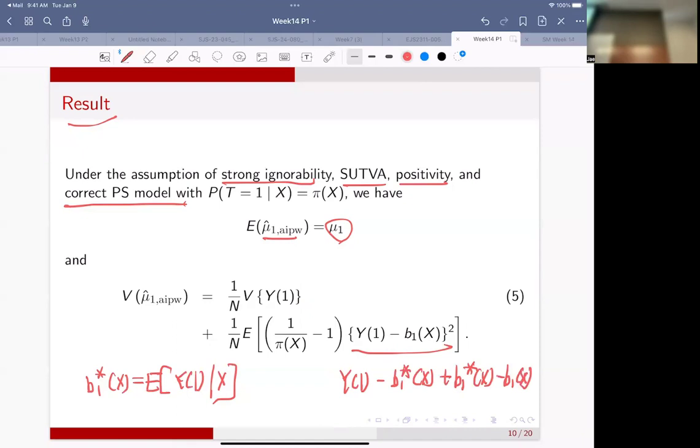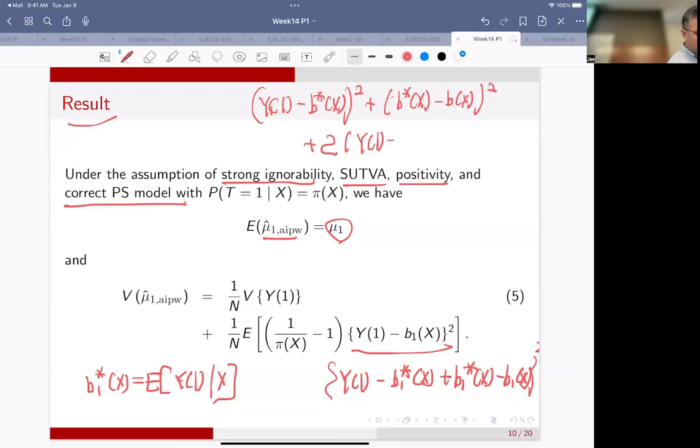And then you have a square term, right? You square it and expand the square so that you have something like (y1 minus b1 star x) squared plus (b1 star x minus b1 x) squared plus 2 times the cross product.